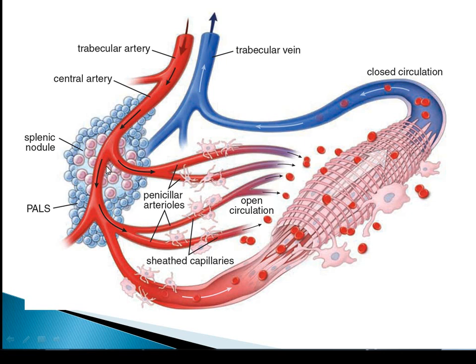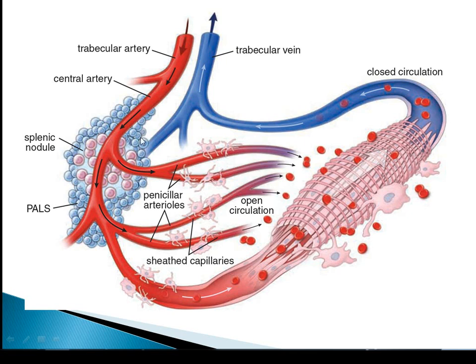Then around them there are nodules formed by an accumulation of B lymphocytes, and this artery passes through the center of the periarterial lymphatic sheet, but in the nodule it may be located eccentrically.